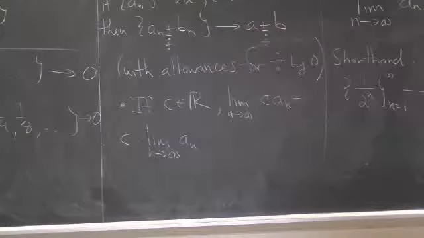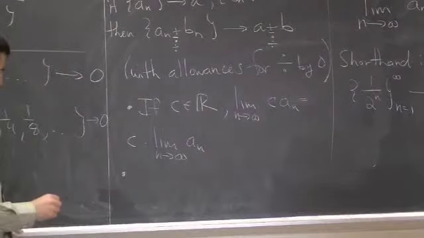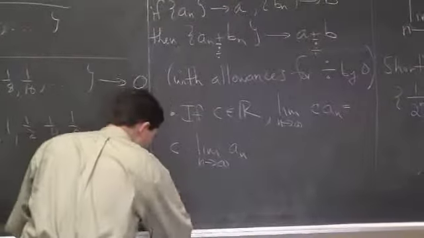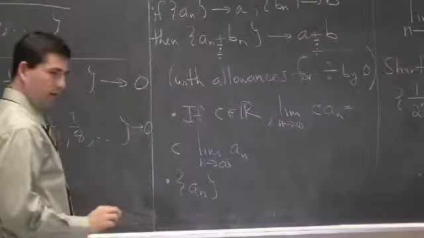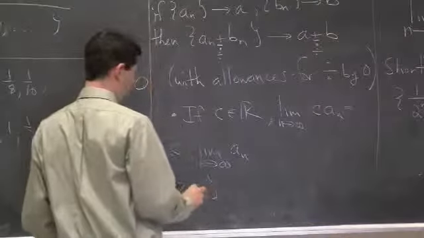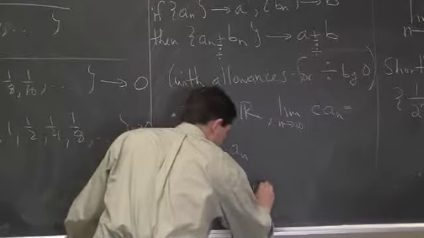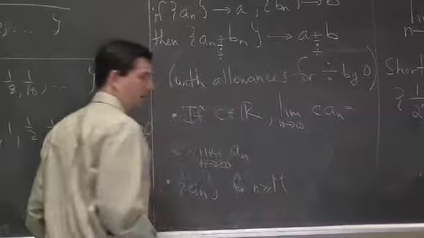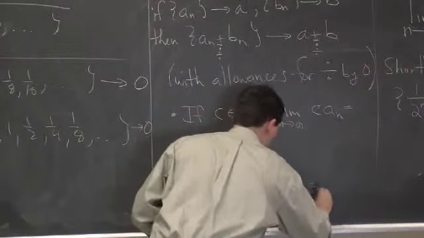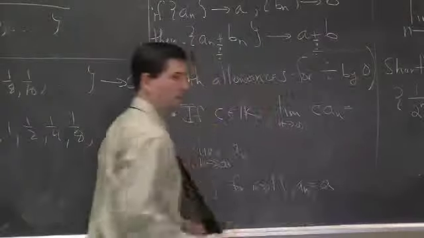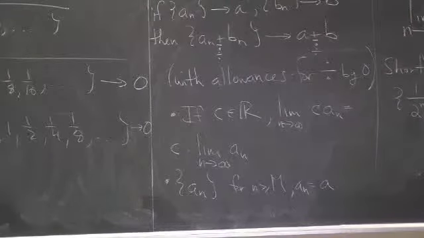Here's just a silly one that we have. Let's say an is a sequence. It converges, but it's even better than that. For n greater than or equal to some fixed point m, an equals a. It actually just becomes a certain number all the time.